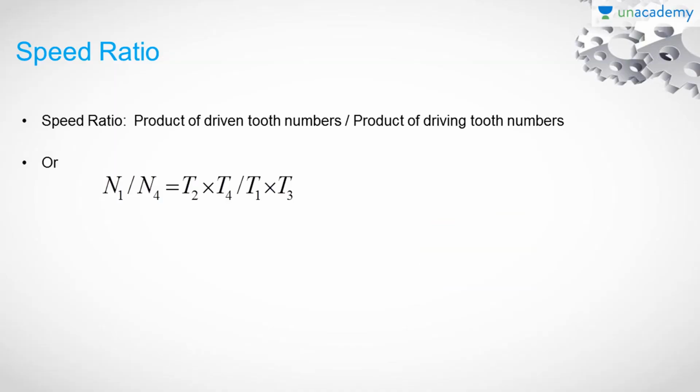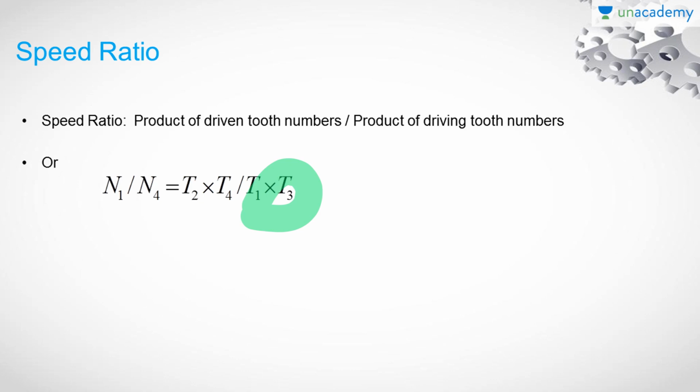So the product of the driving gears will be T1 into T3, and the product of the driven gears will be T2 into T4. So the speed ratio is the ratio of the speed of the first driving gear to the speed of the last driven gear, that is N1 by N4, which equals T2 into T4 by T1 into T3. So this is the value for the speed ratio for the reverted gear train system.